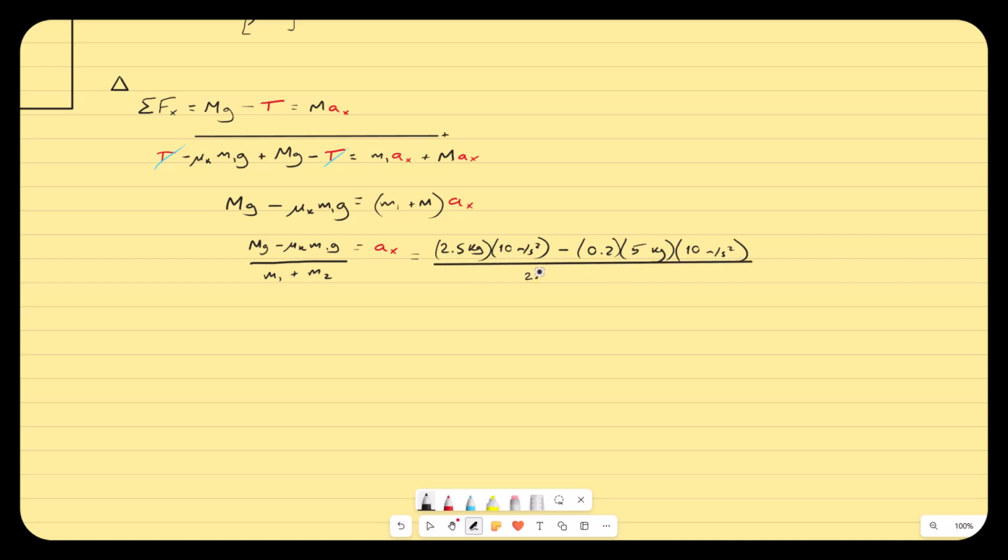Well, mass 1 was 5 kilograms. Mass 2 was 2.5 kilograms. And that works out to be 2 meters per second squared.